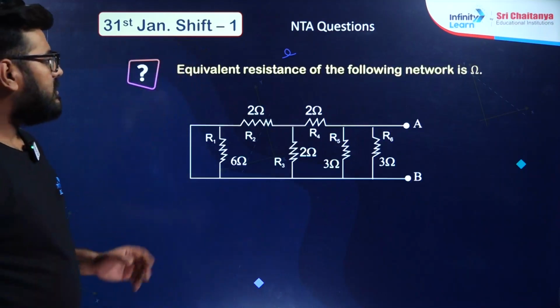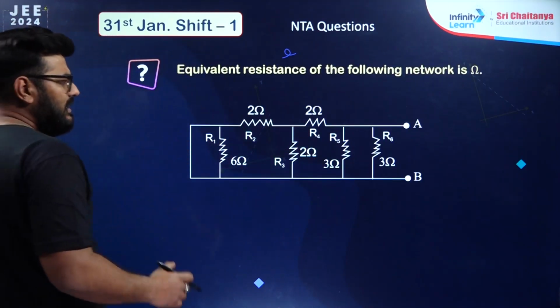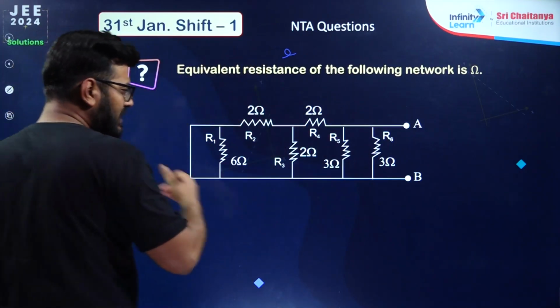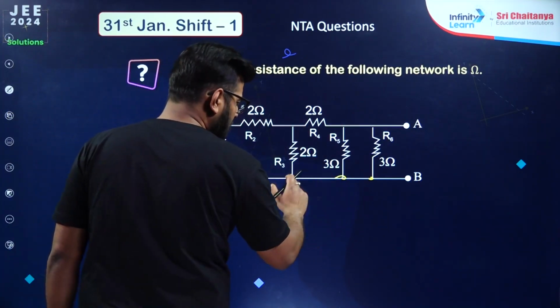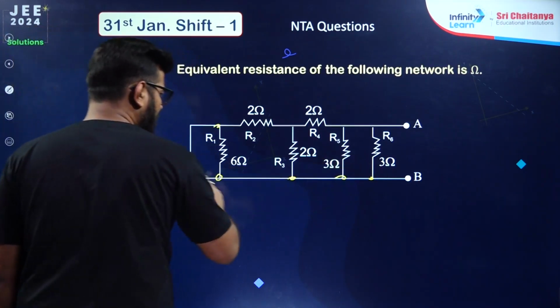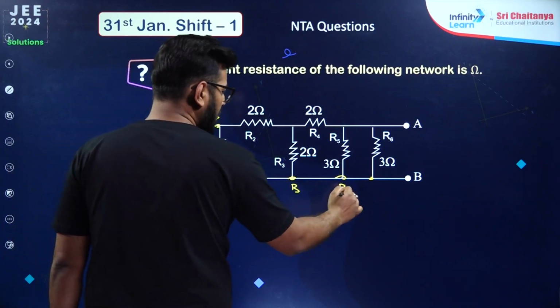Okay. Equivalent resistance of the following network is. So as you can see, there is one resistor, one resistor, one resistor, one resistor. The point is, since they all are connected through a resistorless wire, so all of them will have the potential B only, right?